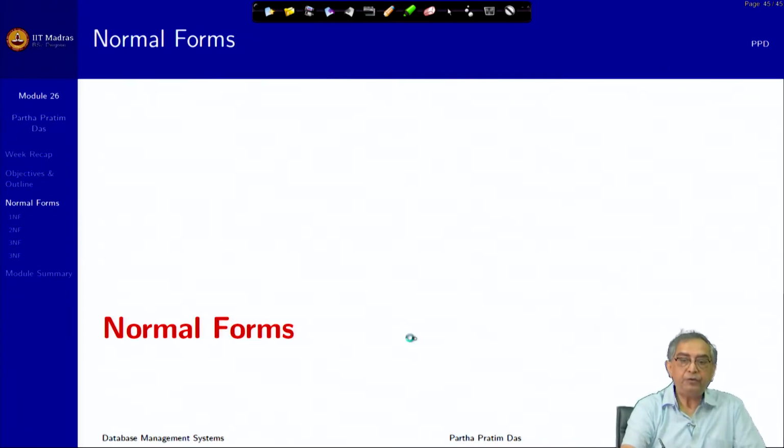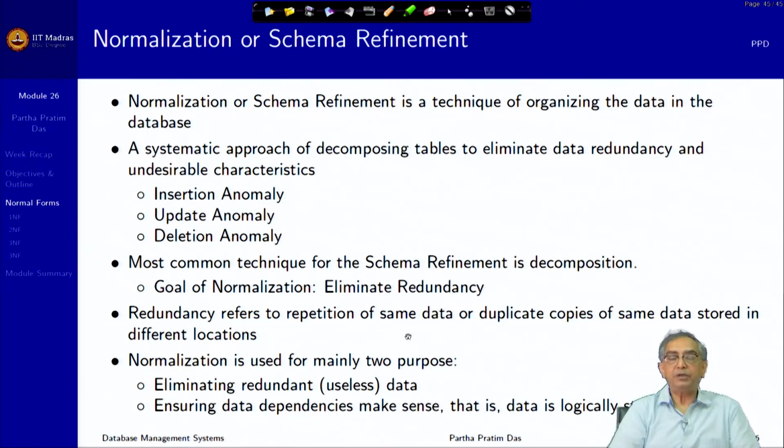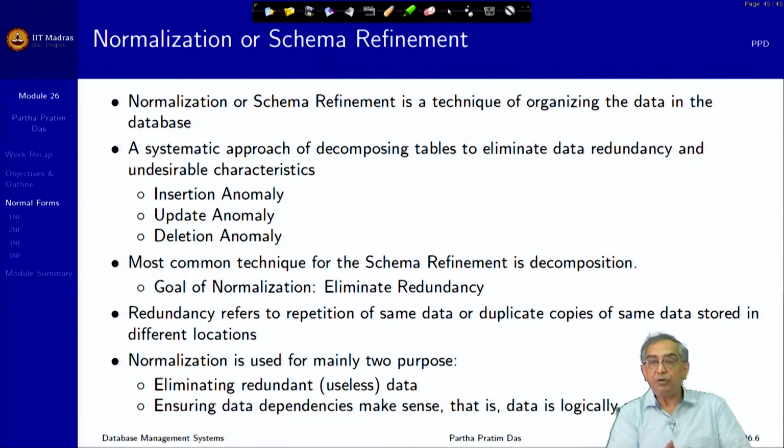So, we have talked a little about normal forms earlier when we talked about the first normal form. The whole idea is that it is a refinement technique or a standardization technique of organizing data in a database, which satisfies some of the key properties.